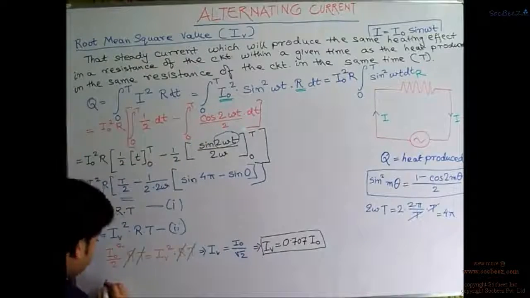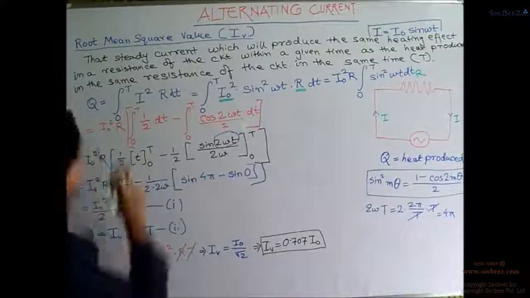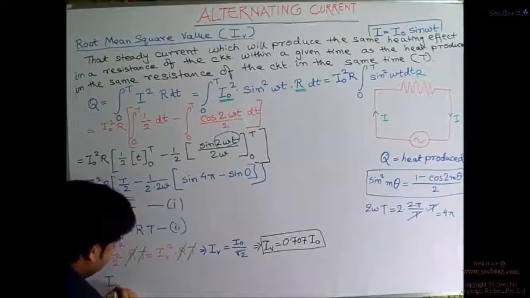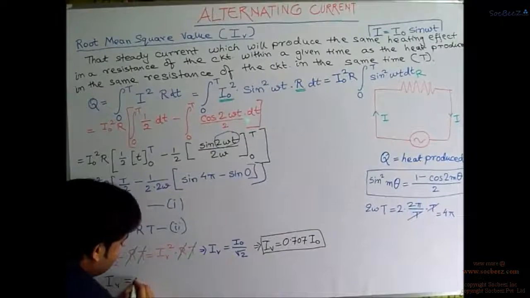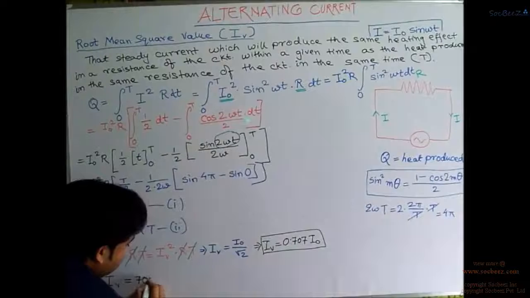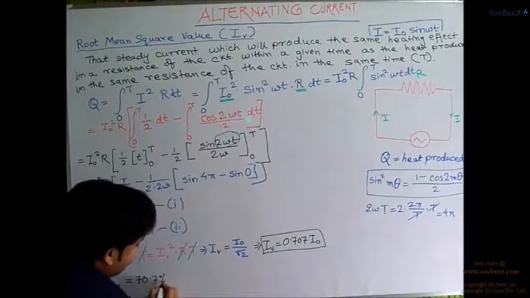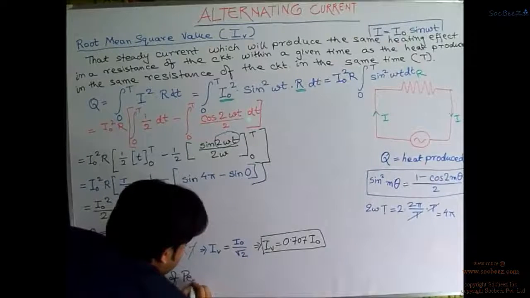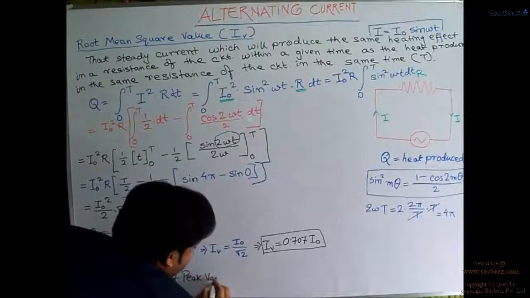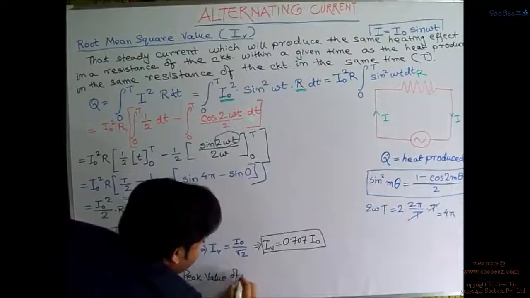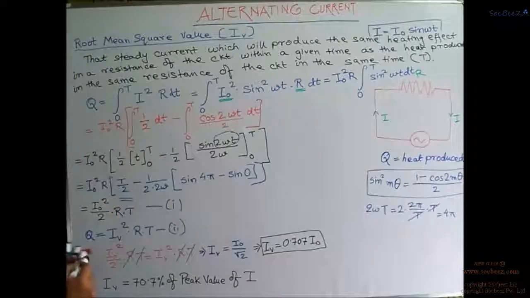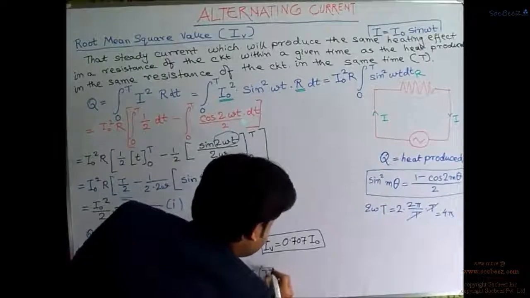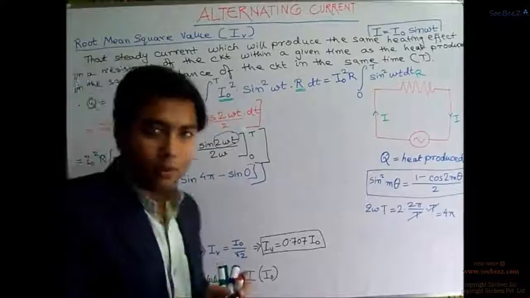Okay? So we can write this RMS value simply as IV equals 70.7% of the peak value of I, or we may say the peak value is I naught, right?